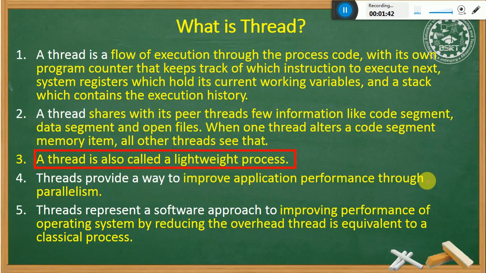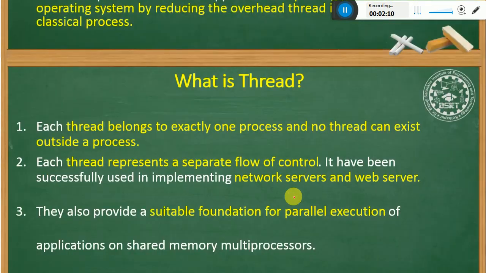A thread is a lightweight process. It has a separate program counter, code, stack area and registers to hold the information. So it is similar to a process but lightweight. Using threads we can increase the parallelism in the operating system, so it supports a multi-threading or multi-programming environment of execution.